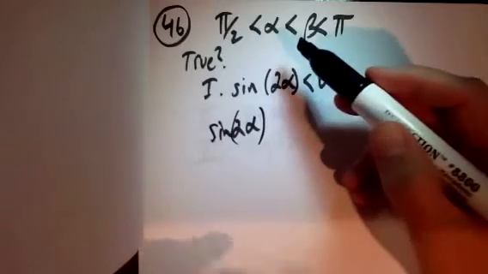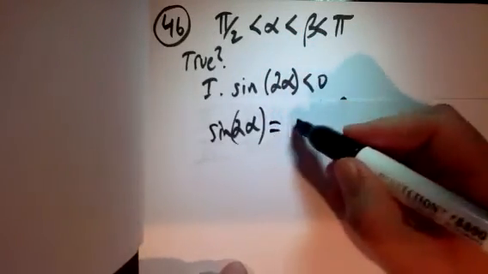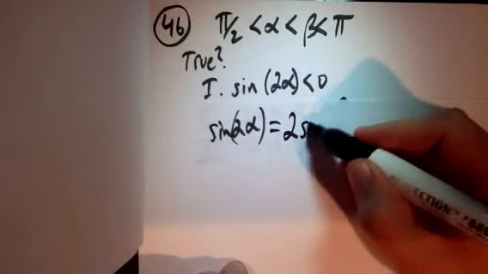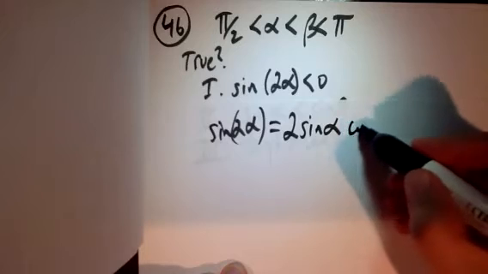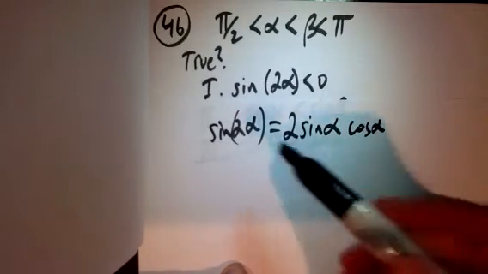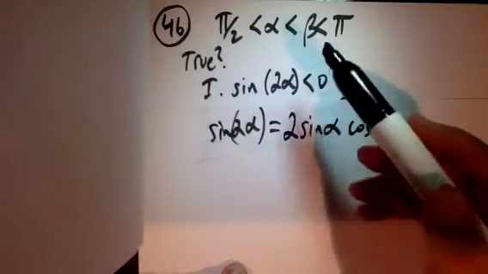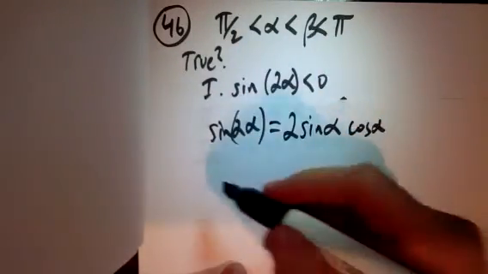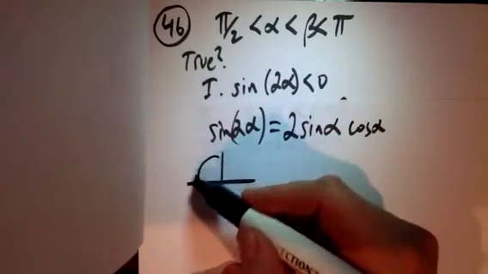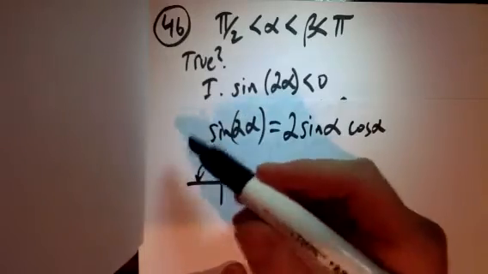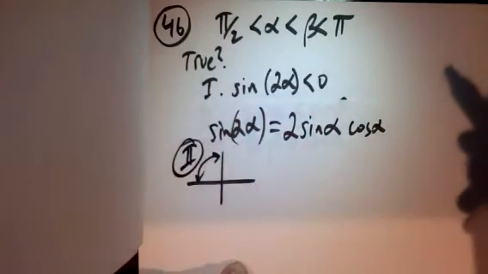Well, you don't know what alpha is, so doubling that is going to be difficult to figure out. However, you can use the double angle formula, which says 2 times the sine of alpha times the cosine of alpha is equal to the sine of the double angle. Now, alpha is greater than pi over 2 but less than pi, so alpha itself is in quadrant 2.